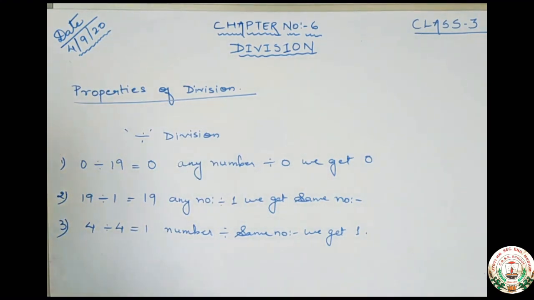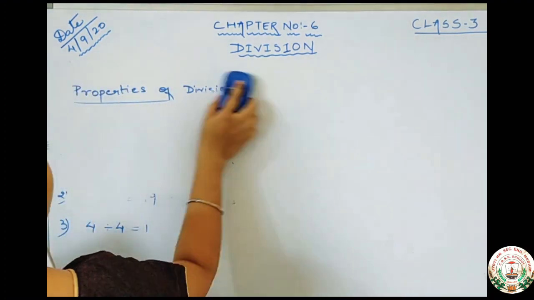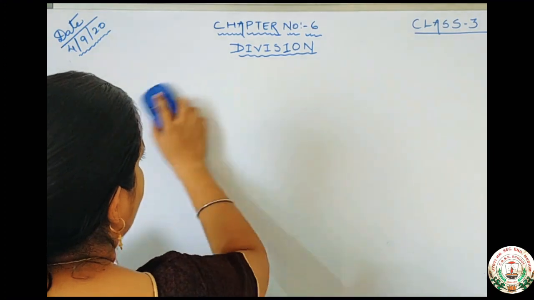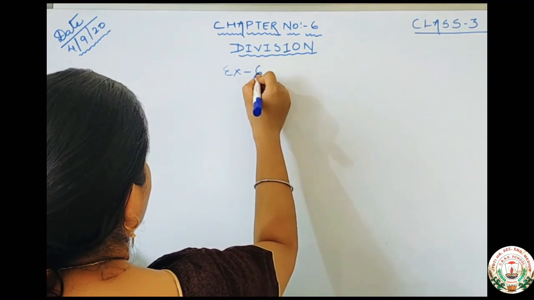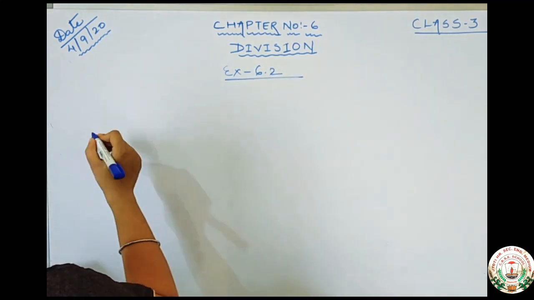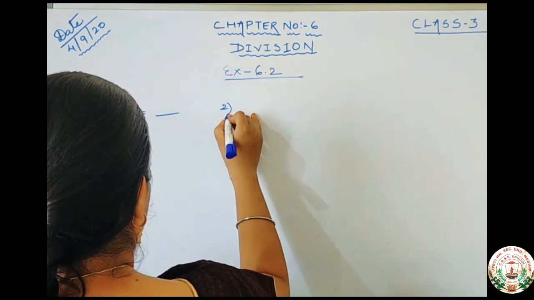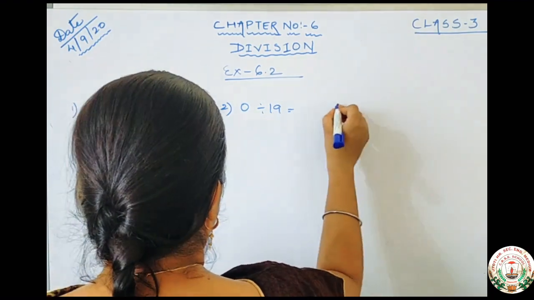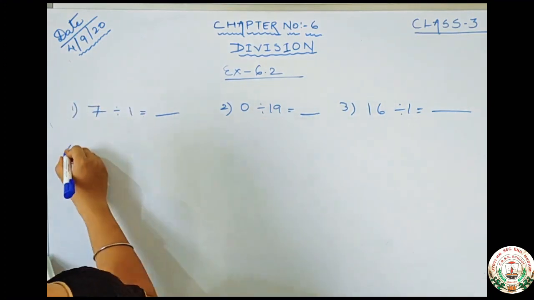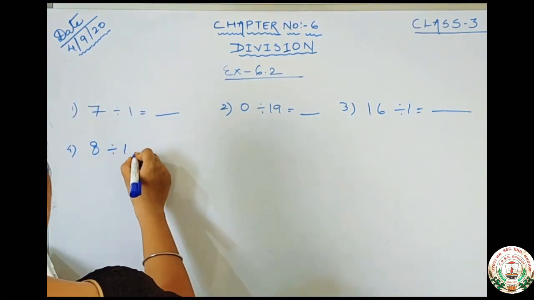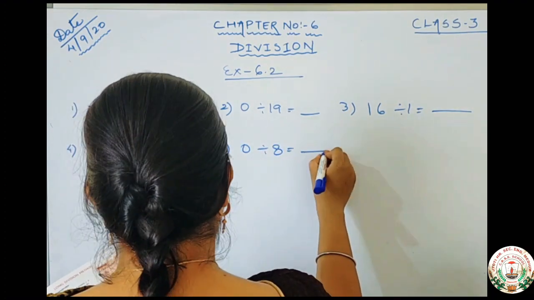In the last class, exercise number 6.1 was completed. Today we will start exercise 6.2. This is fill in the blanks, based on the properties. Number 4 is 8 divided by 1 is equal to dash. Number 5, 0 divided by 8 is equal to dash.